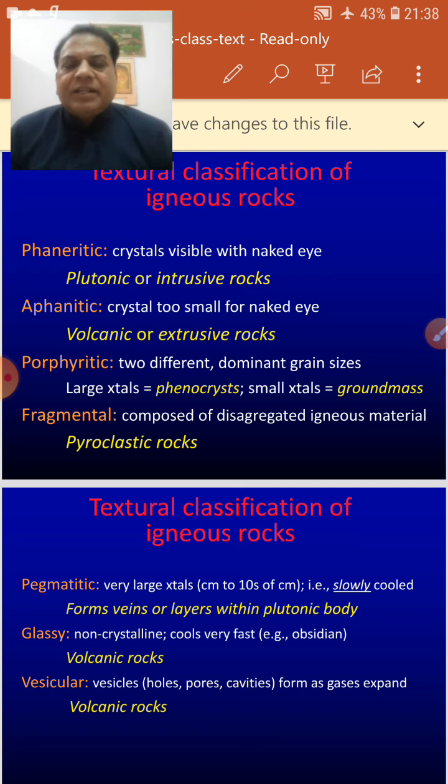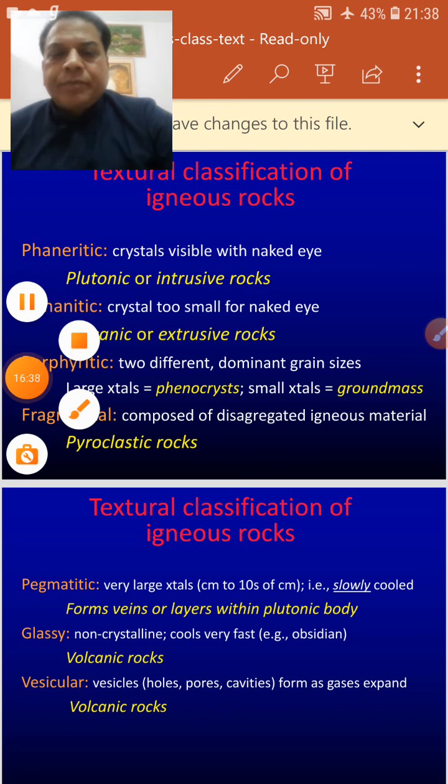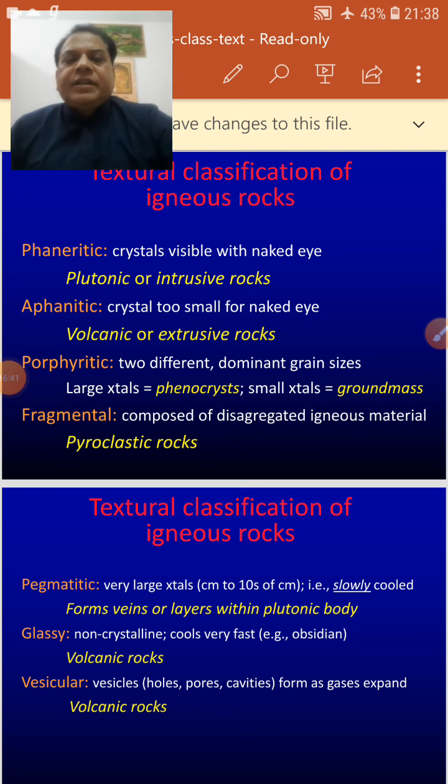That is lava basically, when it is near or on the surface, and the gases escape, and these empty spaces are called vesicles. If they are present, that rock will be called vesicular, and it is common in basalts, the vesicular basalt category.